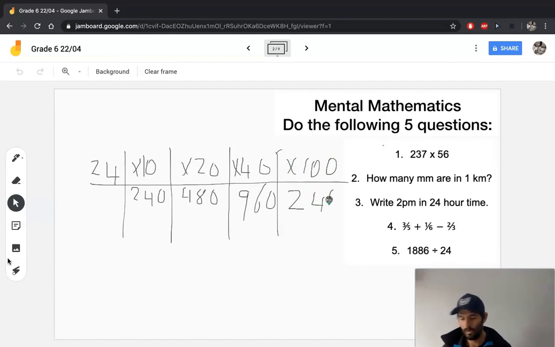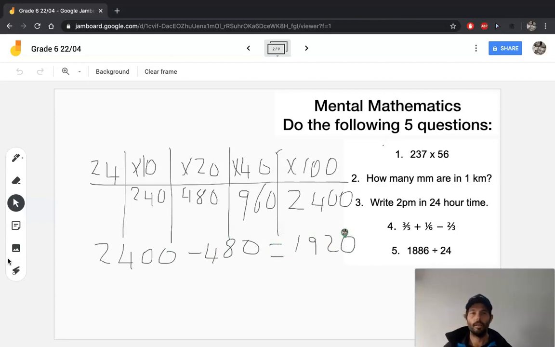Now I'm going to look at those numbers and see what I can do with them. So I know that if I subtract 2,400 and 480, I'm going to be left with 1,920. And that's getting me relatively close to 1,886. So now I know that it's 100 times 24 for 2,400.